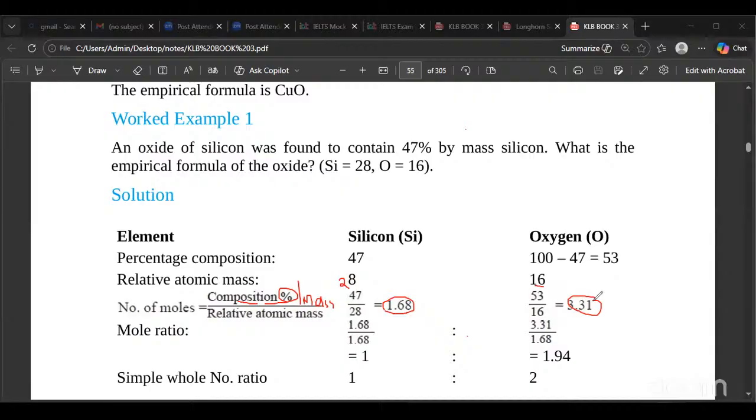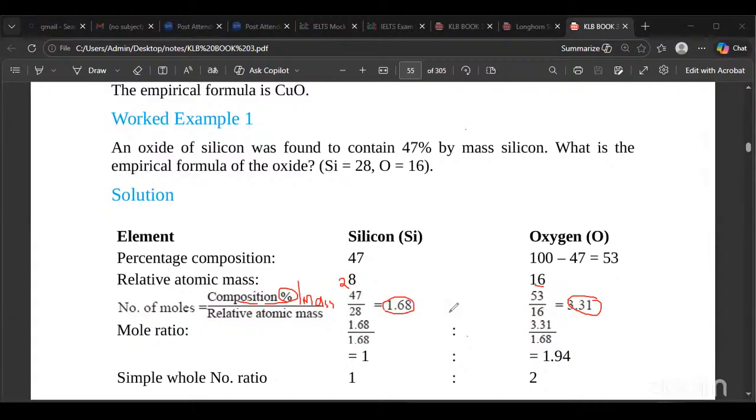It is 1.68. It is okay. Is it 3.31? Yeah, it is okay.